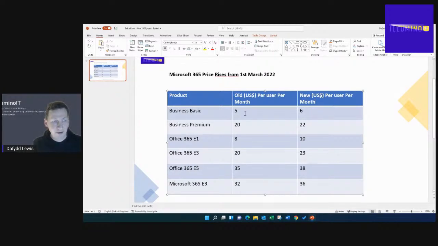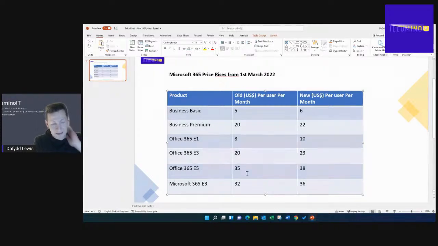So it goes from $5 to $6 for the Business Basic. So for example, your Business Premium is going up by 10% here. This one here is going up by about 10%, something along those lines. Again, Office E3 is going up just above 10% there as well.